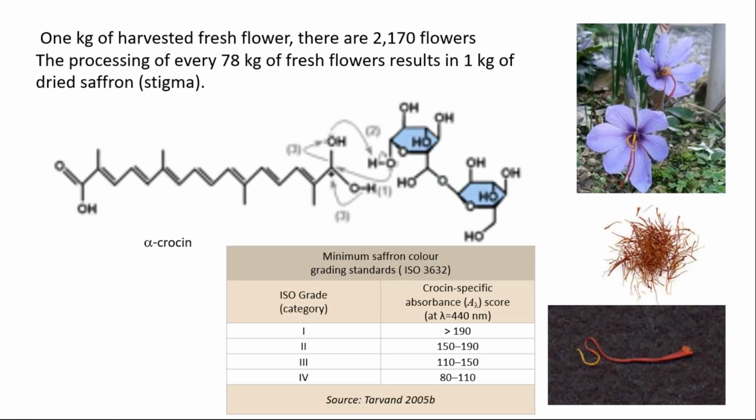If you look at the saffron flowers, it is the stigma or the gynoecium which is harvested.